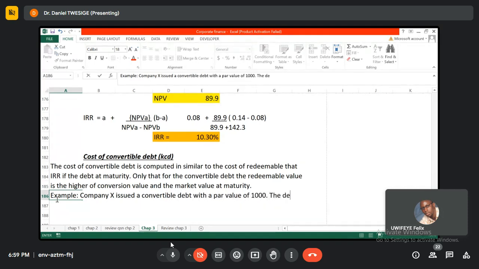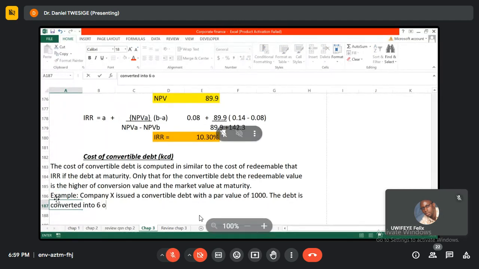The debt is converted into 6 ordinary shares at 200 francs per share.